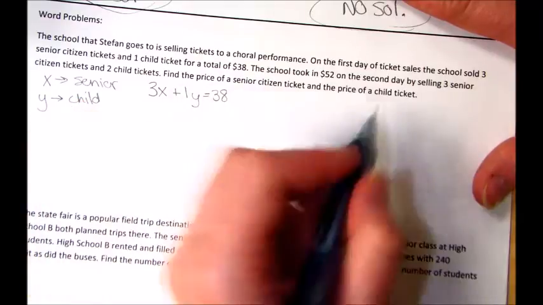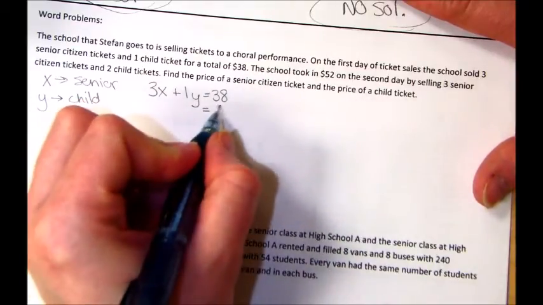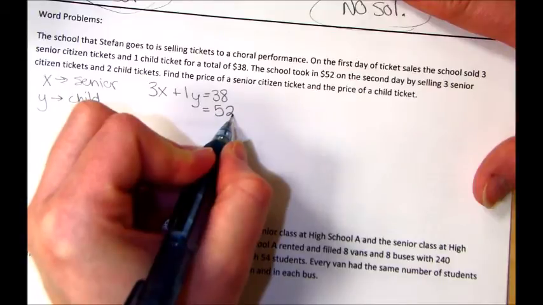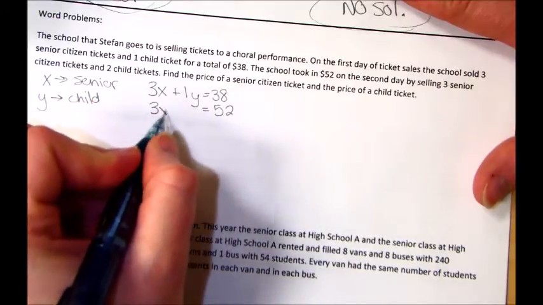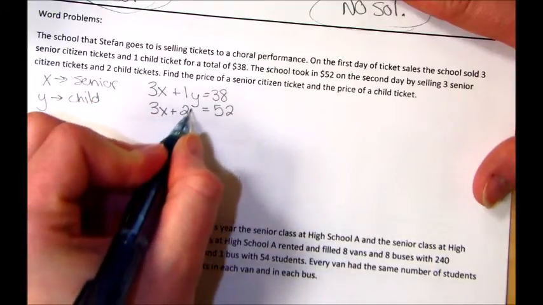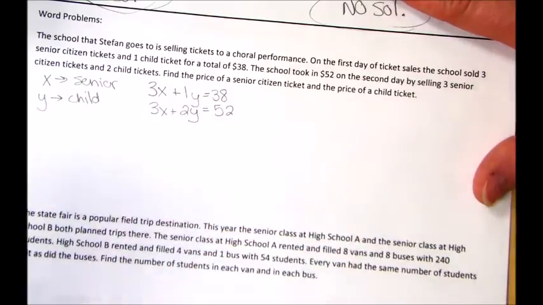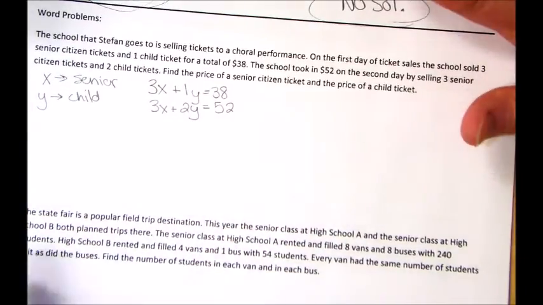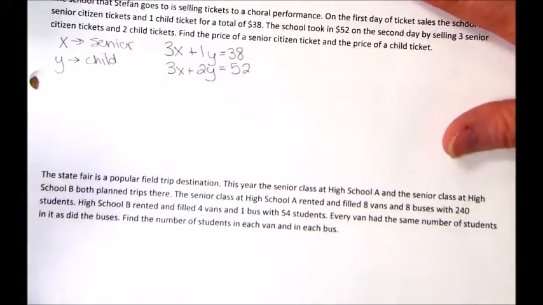The second day, they were the $52 total, 3 senior tickets, but 2 child tickets. So I have 2 equations. It's not a word problem anymore. You just solve it.